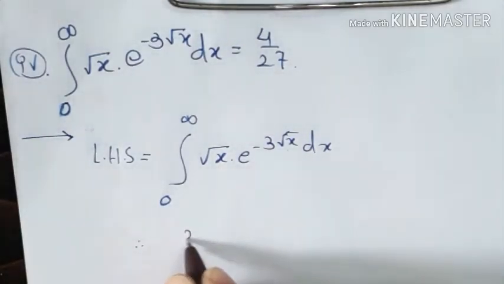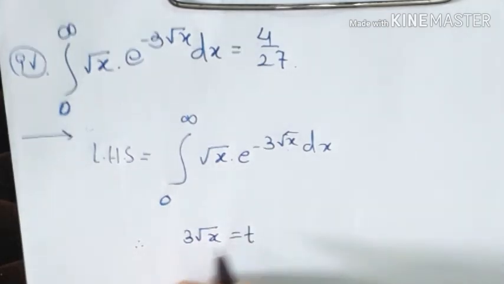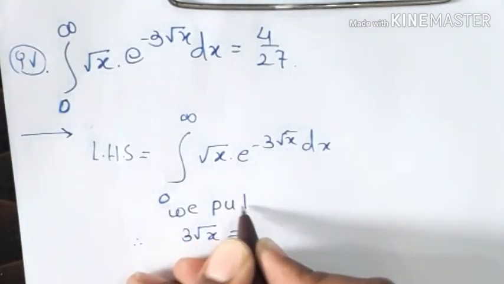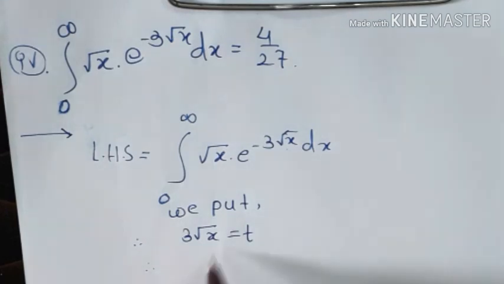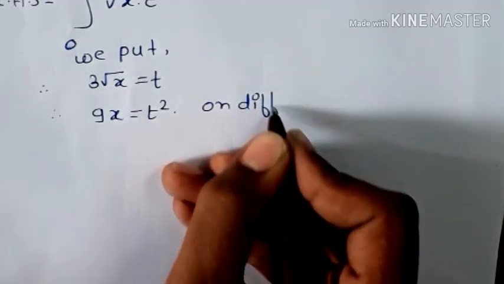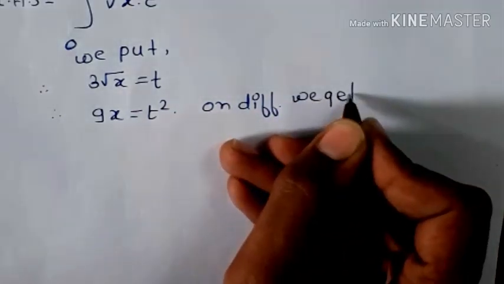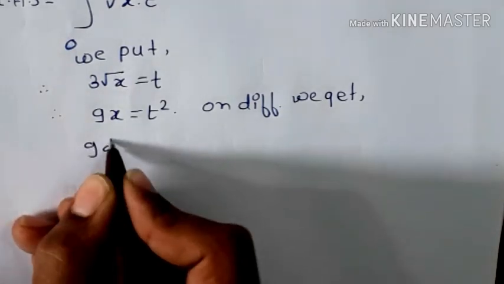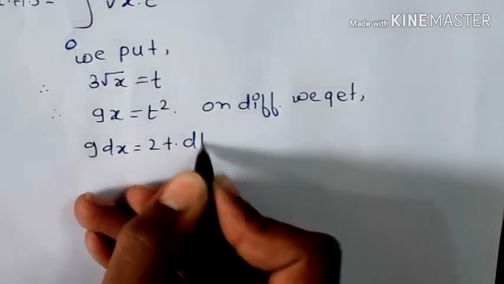Therefore 3 root x equal to t. On squaring we get 9x equal to t squared. On differentiating we get 9 into dx equal to 2t into dt.